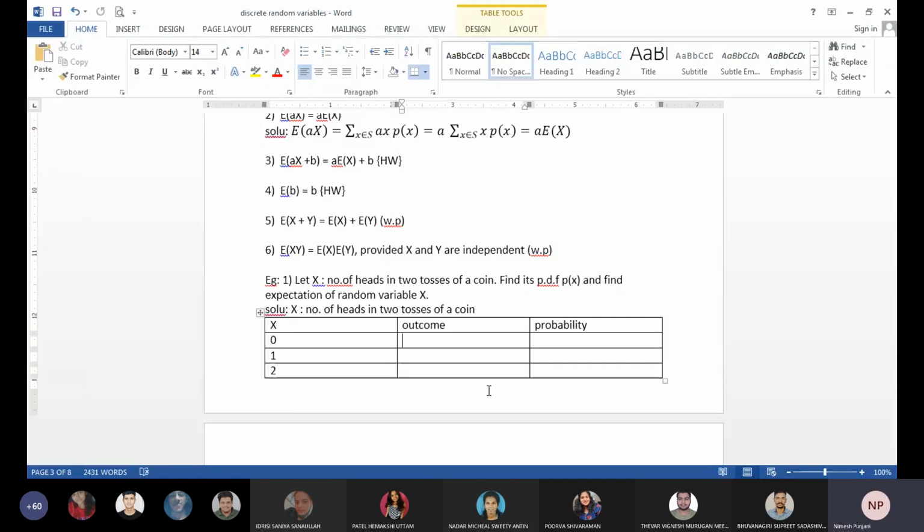Again I repeat, they are considered to be one and the same experiment. So here x represents the number of heads in 2 tosses of a coin. First, tell me its sample space. What would be the sample space of this experiment?